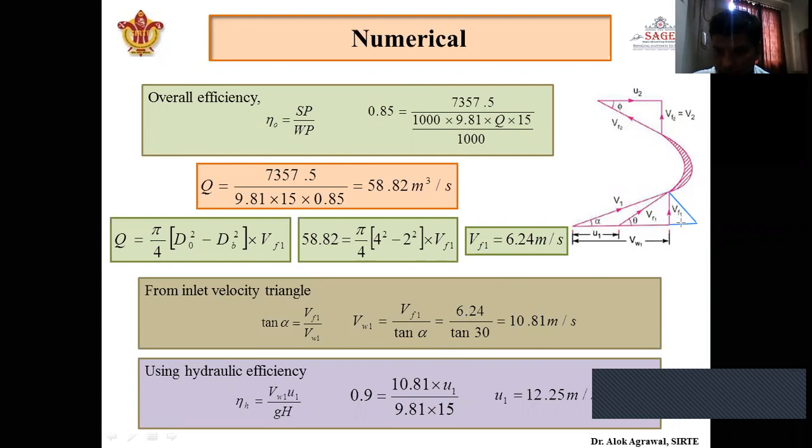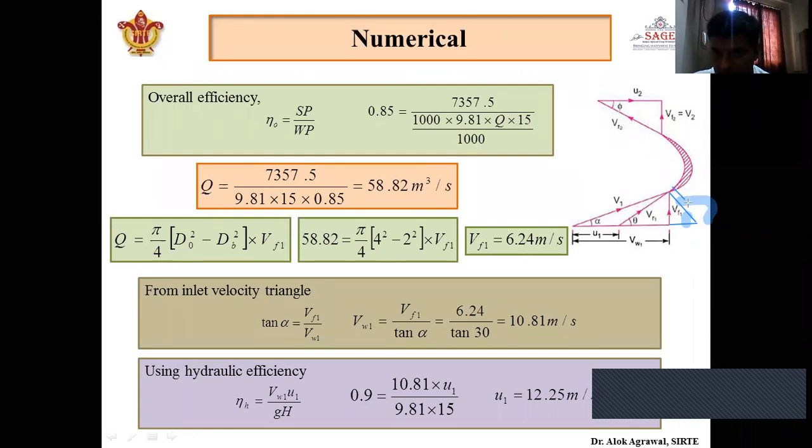So this angle will be 77 degrees, this angle will be 77 degrees, and this angle will be 103 degrees. So the inlet triangle will change. The Vr1 will not remain like this. This will be the Vr1.